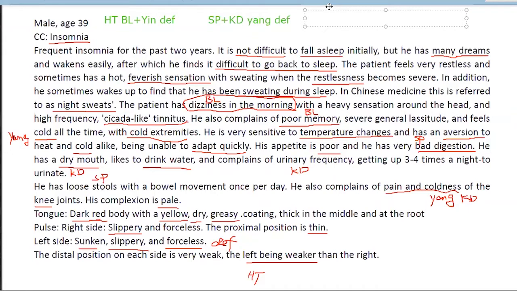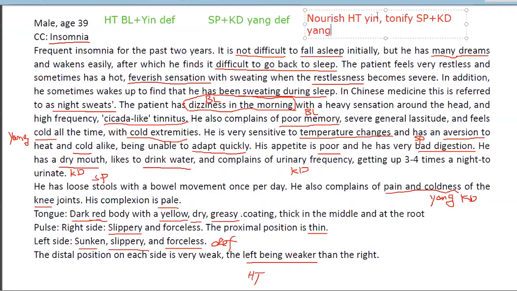So let's say nourishing heart yin and tonify spleen and kidney.